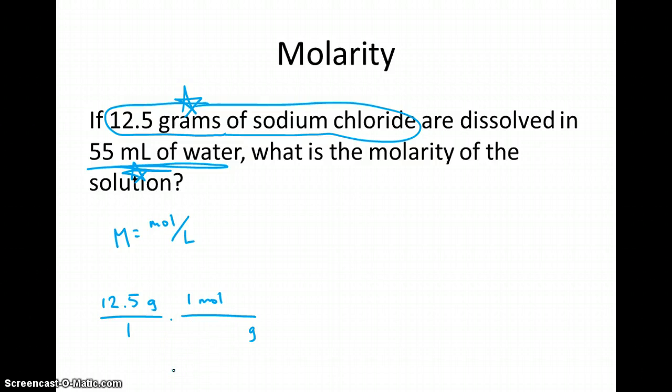So if I look at the periodic table, I can see that sodium has a molar mass of 22.99 grams per mole, and I'm going to add that to the molar mass of chlorine, which is 35.45 grams per mole. That means that sodium chloride has a molar mass of 58.44 grams per mole.